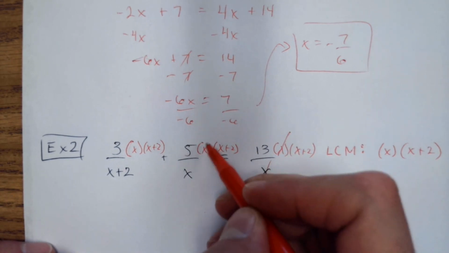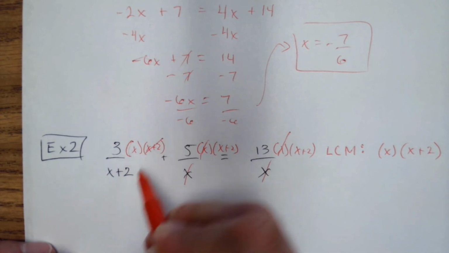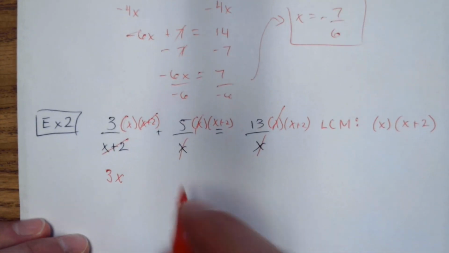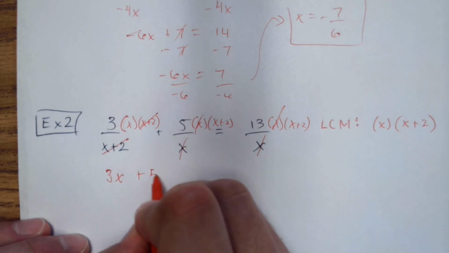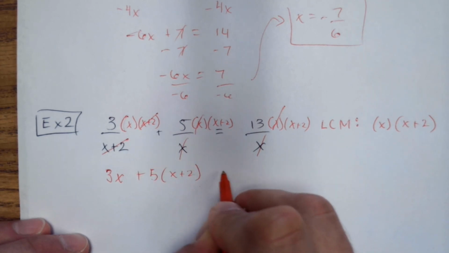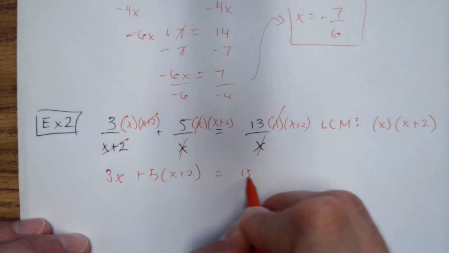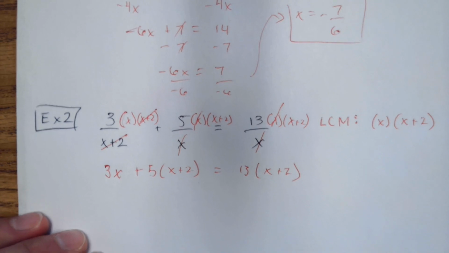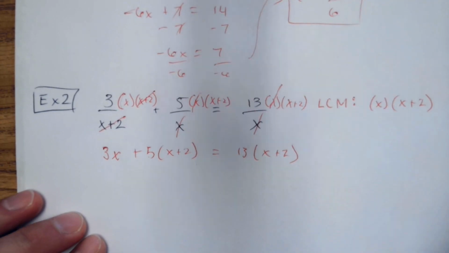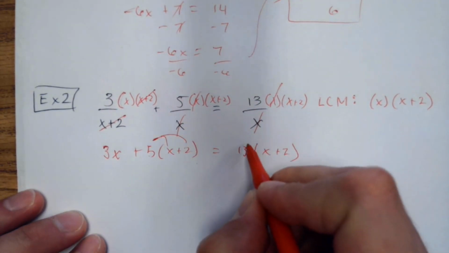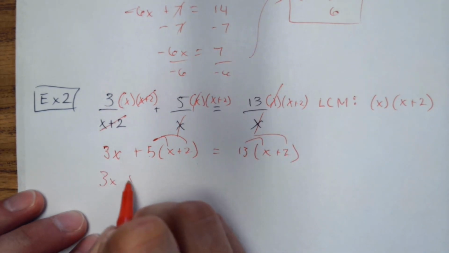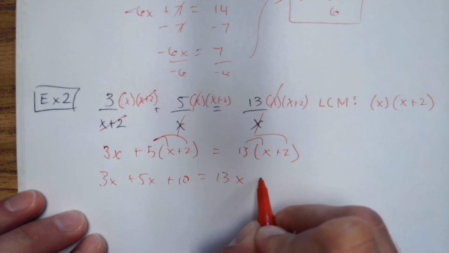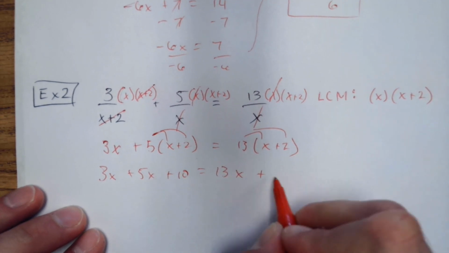So the x's cancel in 2 of them, and the x plus 2 cancels. So we are left with 3x plus 5 times x plus 2 equals 13 times x plus 2. And then we can distribute, combine like terms, and solve. So we would have 3x plus 5x plus 10 equals 13x plus 26.